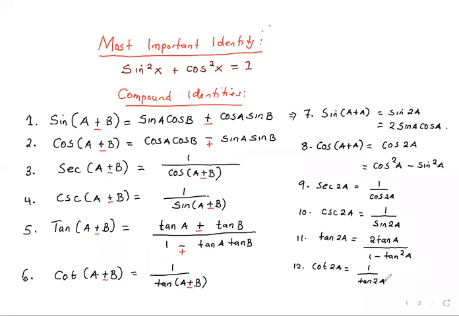If we went back to the most important one, we could see that sine squared A is just 1 minus cos squared A, and cos squared A is just 1 minus sine squared A. Sir, the 12th, is it 1 over tan 2A or tan squared A? Tan 2A.